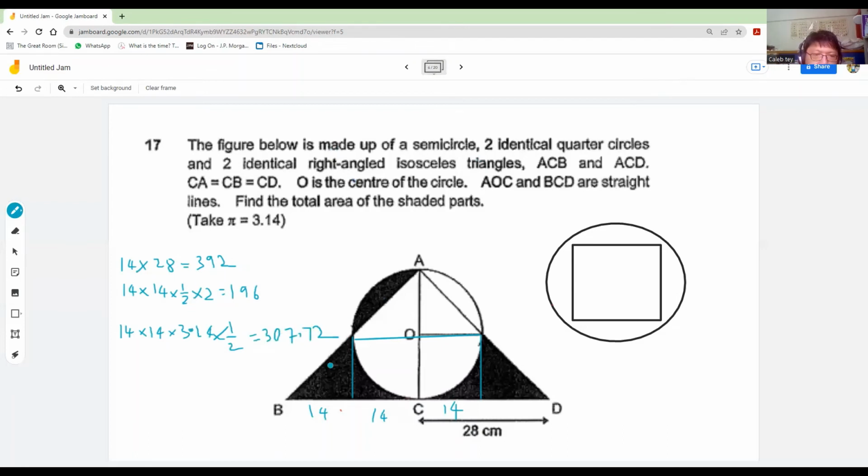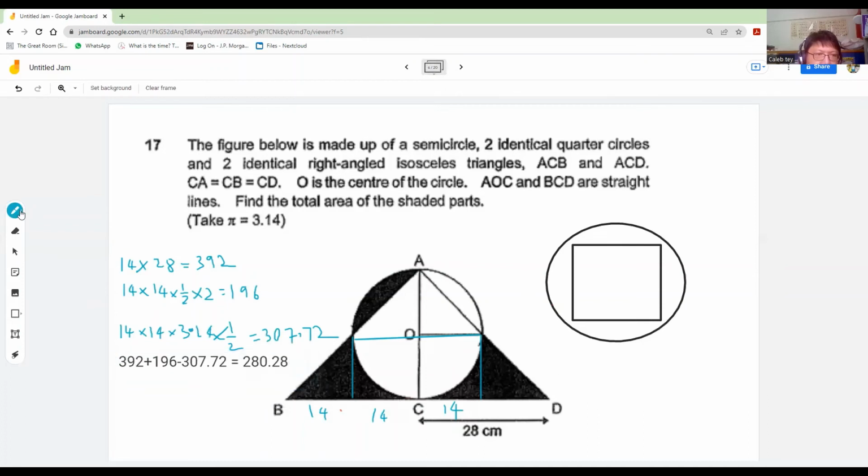Remember the first part, we said take the trapezium minus the semicircle. So that's exactly what we'll do. We'll take 392 plus 196 minus 307.7. We get 280.28.